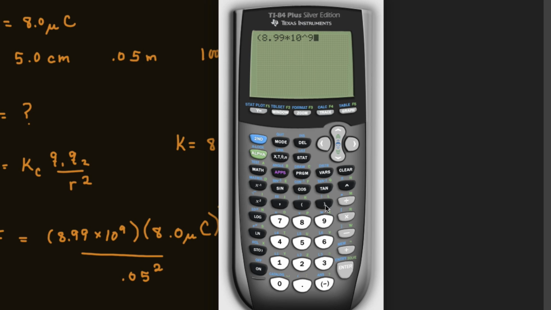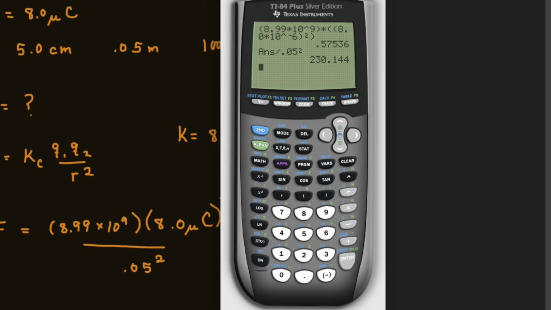We enter our constant, then use 2 parentheses, enter our number, to the -6 because it's microcoulombs, and then we're going to square and then close that with parentheses. Now we're going to take that and we're going to divide that by our square of our distance. And there we have our answer.